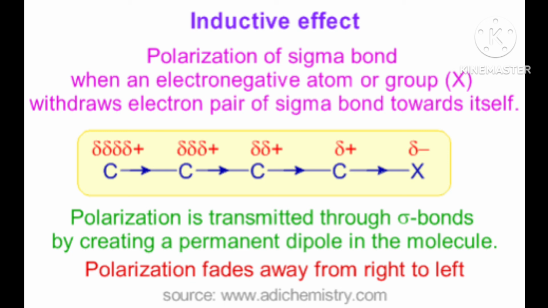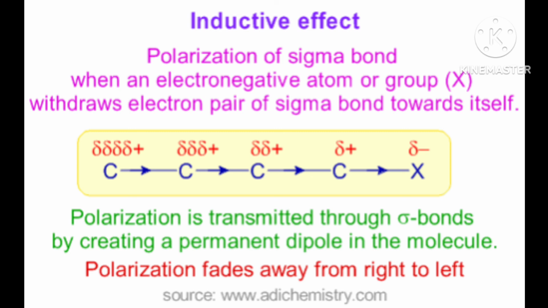In turn, the carbon which has developed partial positive charge, now you can see here, carbon 1 has developed partial positive charge, draws some electron density towards it from the adjacent carbon bond.